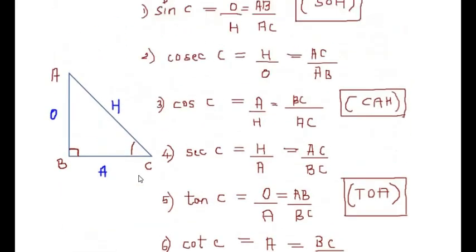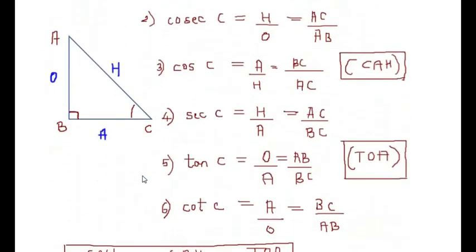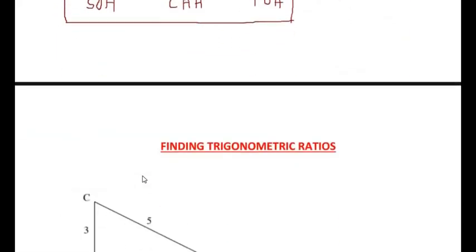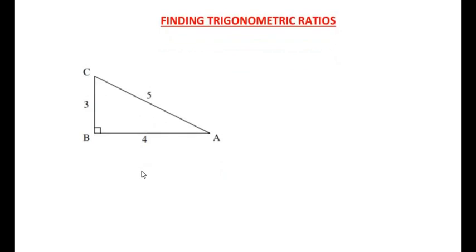Now with the basic understanding of these trigonometric ratios, let us start solving some examples. Finding trigonometric ratios. They will ask you to find 6 trigonometric ratios using the 3 sides given for a right angle triangle. Sometimes they will ask you only sine, or they can ask you only cos or tan, depends. But here we are going to find out all the 6 trigonometric ratios.